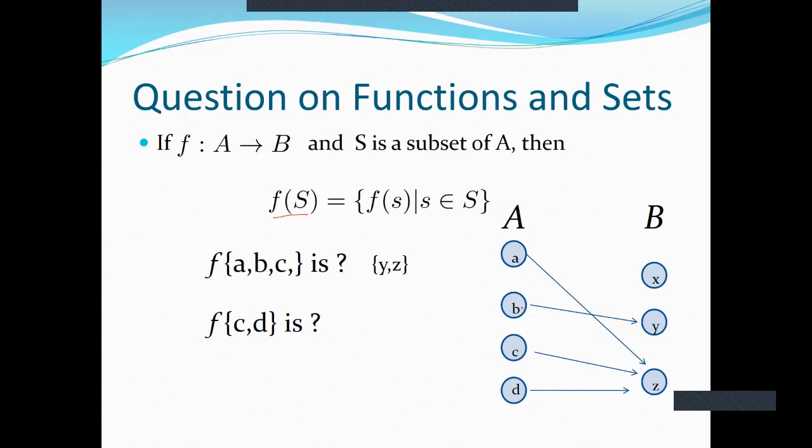You can see this is not the complete set A. This is a subset of A, so the range consists of only those members that are mapped in B. So what is f of C, D? You can see C and D both are mapping to Z. So the range of this subset C, D is Z, right?